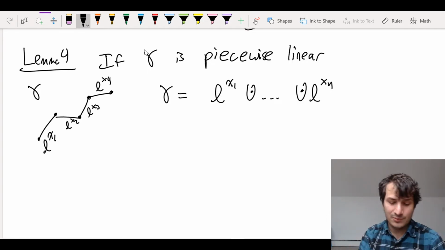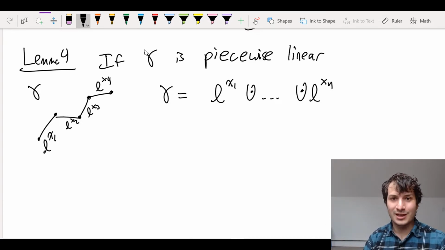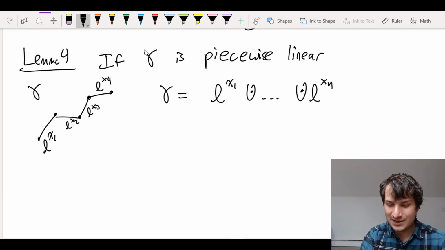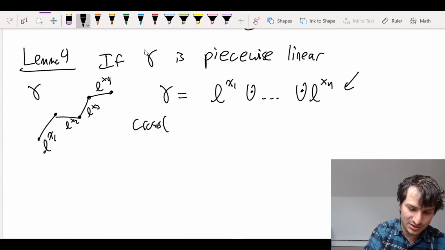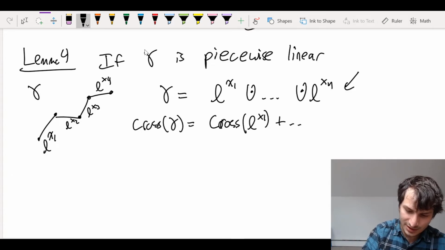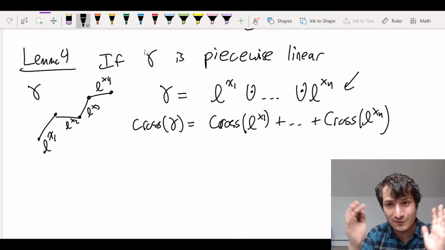Okay, and we would like to show the expected value proportional thing. I'm going to just do it directly here because this one's actually really easy. So because we have a disjoint union, the number of crossings is a sum. So this is the number of crossings of Lx1 plus dot dot dot plus the number of crossings of Lxn. Okay, now we take expected values.